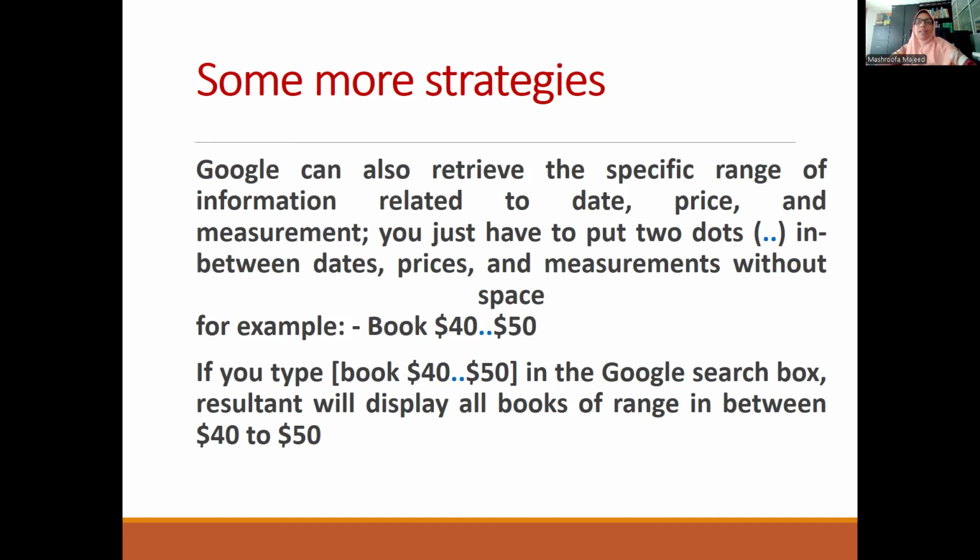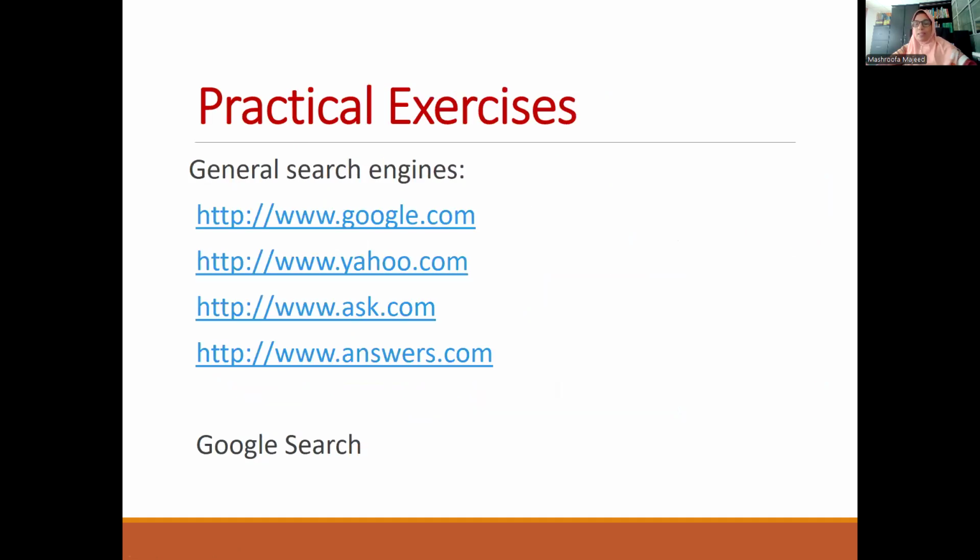Then in the Google search box, the result will display all books in the range between $40 and $50. So here, the two dots I have shown in blue color retrieve the results between $40 and $50. Okay, so these exercises can be used in search engines.